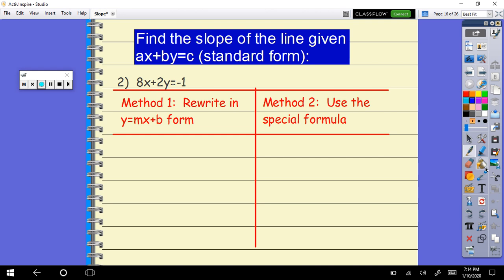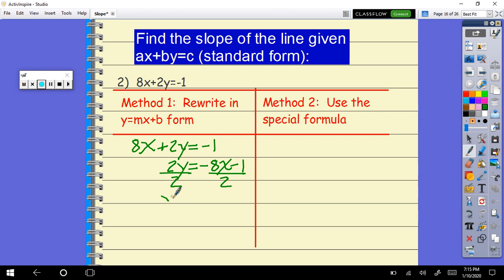Okay, so I'm going to use the green method first. So I've got standard form. I want slope-intercept form, so I want to isolate y. That means I have to isolate 2y first. I want to subtract 8x to the right-hand side. I need to divide both sides by 2.